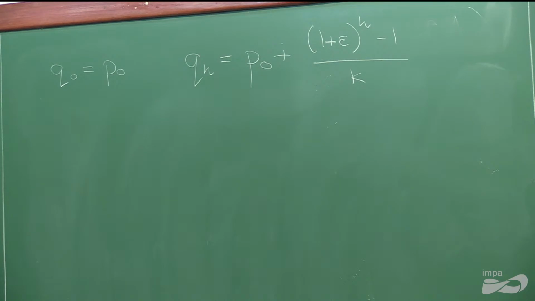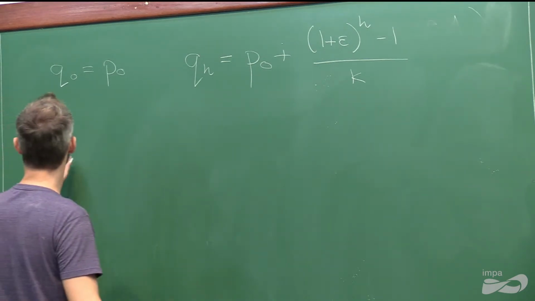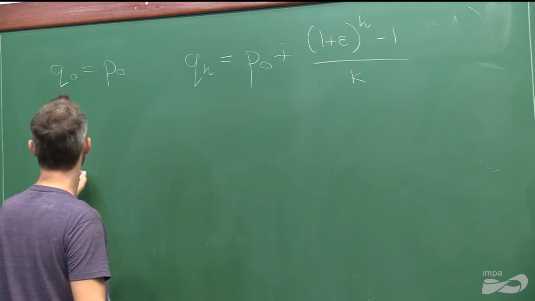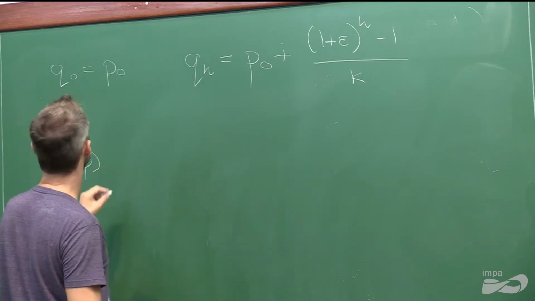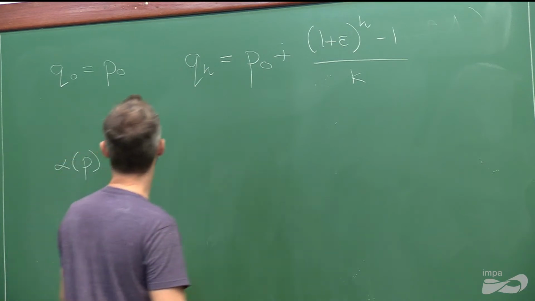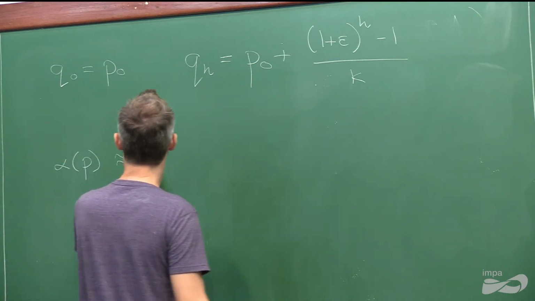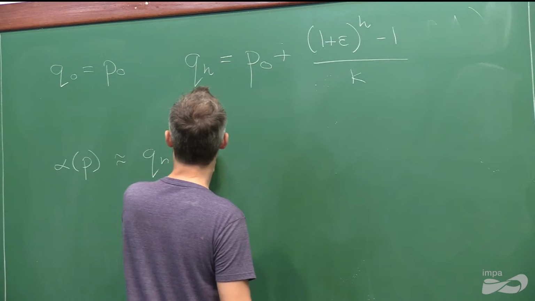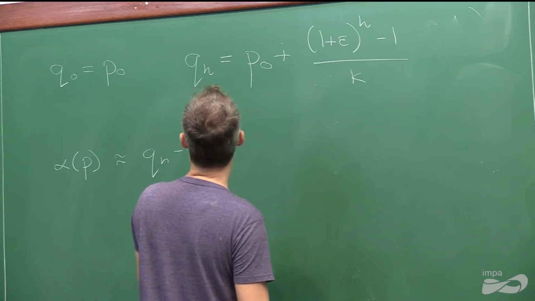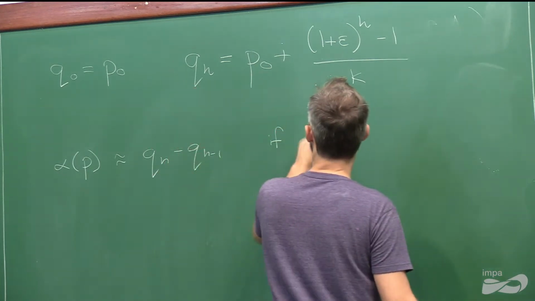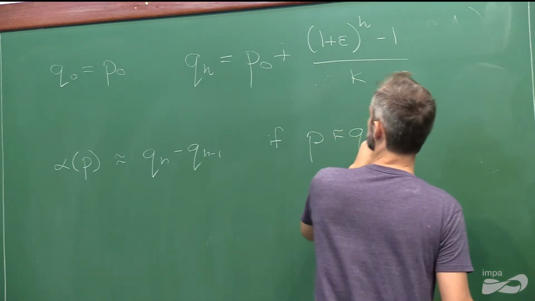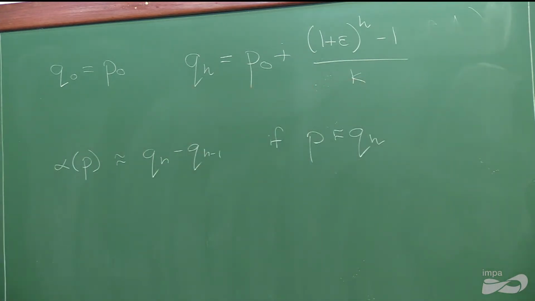If L is smaller, you jump up by more. So I want to claim that alpha of P is roughly QH minus 1 or something, if P is roughly equal to QH.